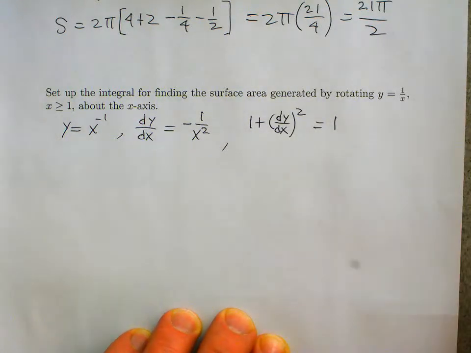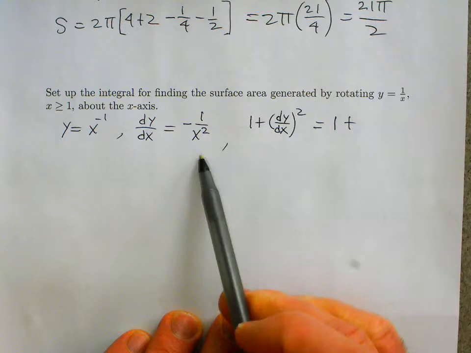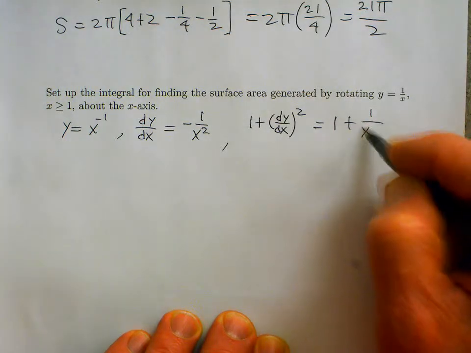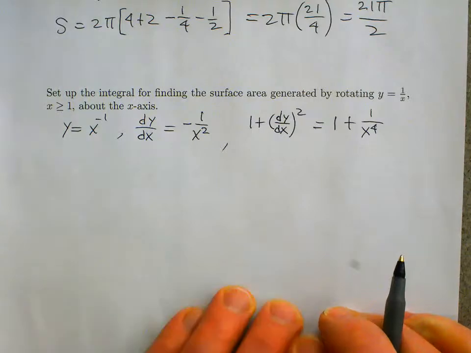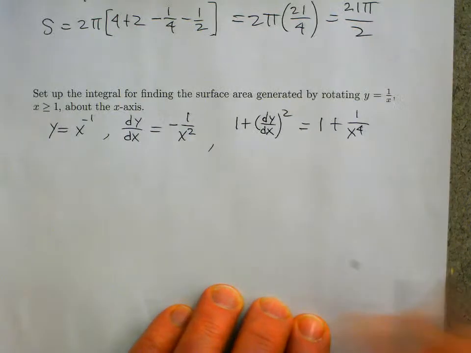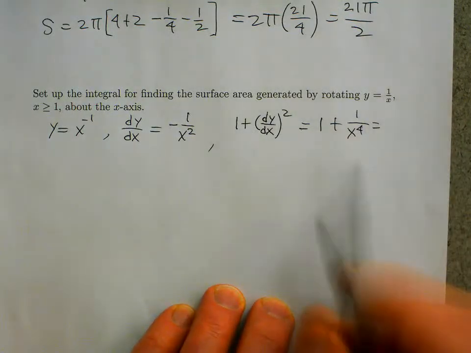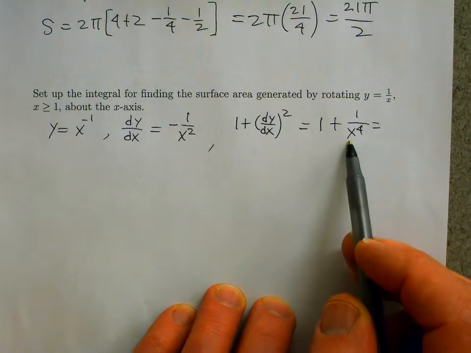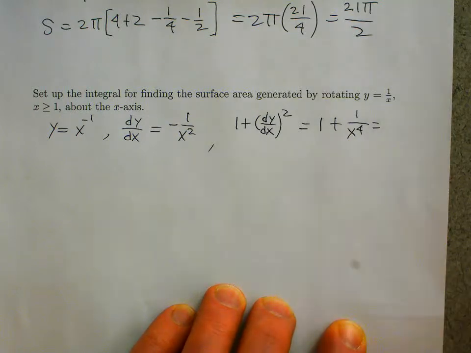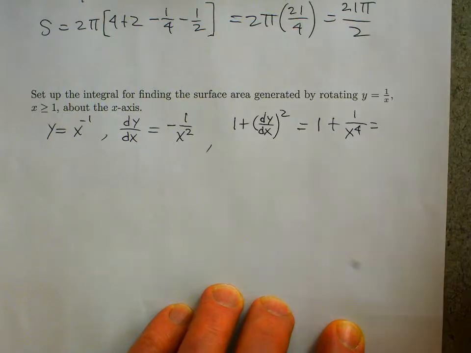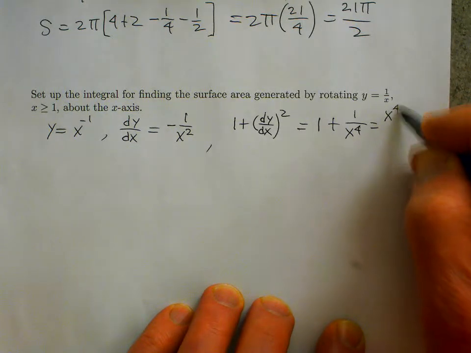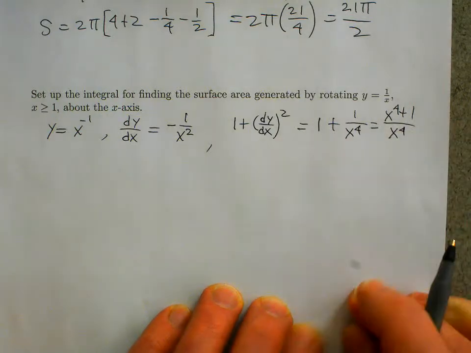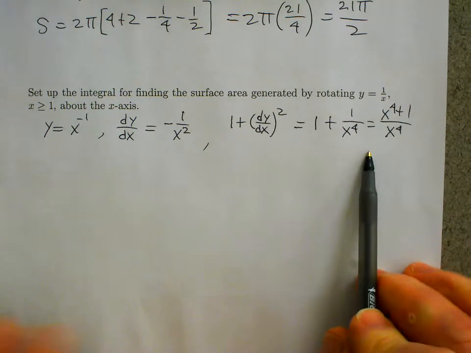So 1 plus, and then when we square negative 1 over x to the second, we get 1 over x to the fourth. And let's write it as a single rational expression with a denominator of x to the fourth. So 1 plus 1 over x to the fourth becomes (x to the fourth plus 1) over x to the fourth. Okay, this is what goes inside the square root.